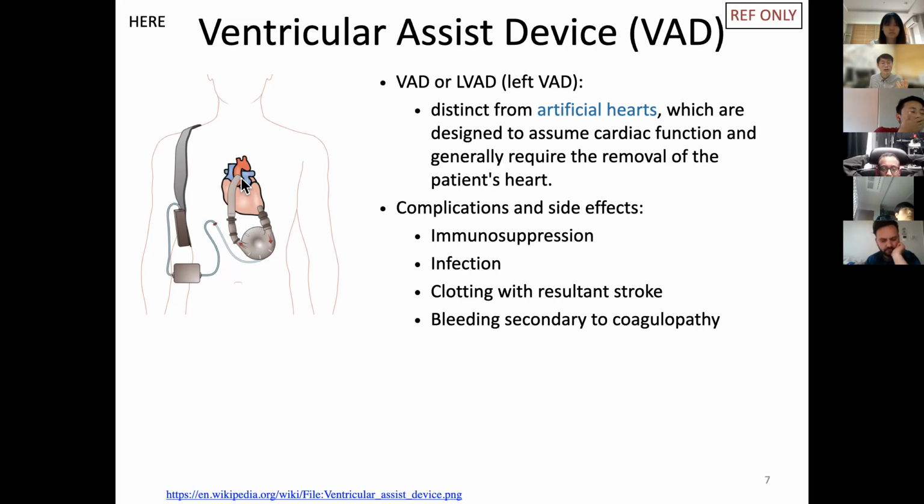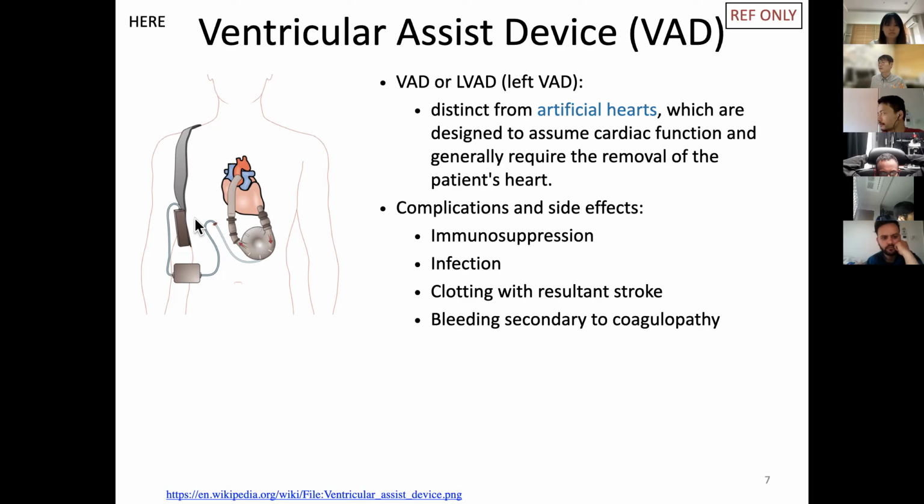But the pump requires a motor, so it requires electricity from the outside. You see this through the patient's skin. Electricity is provided by a worn battery. Here you can think of what might go wrong. The complications: whenever something foreign comes into your body, the immune system will react and try to reject the foreign material.